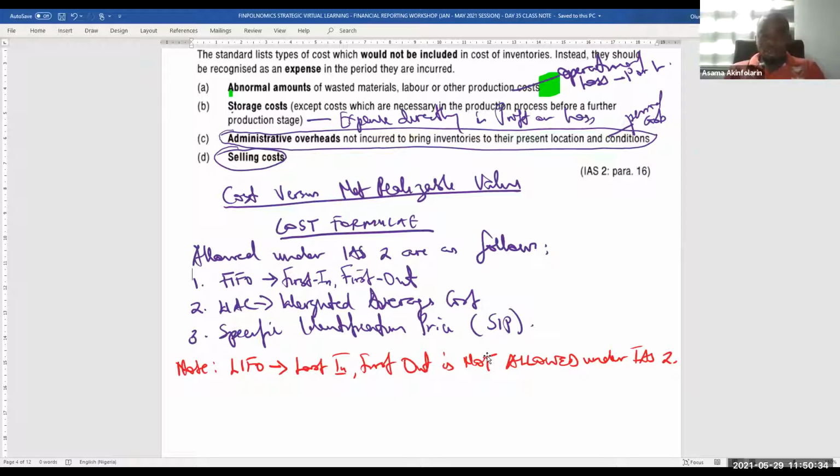Okay. What is now the significance of weighted average cost? What then is weighted average cost?